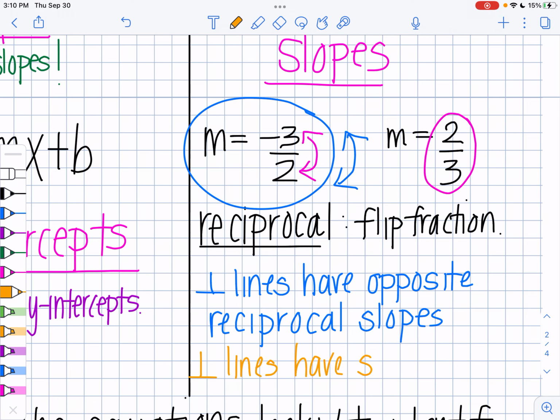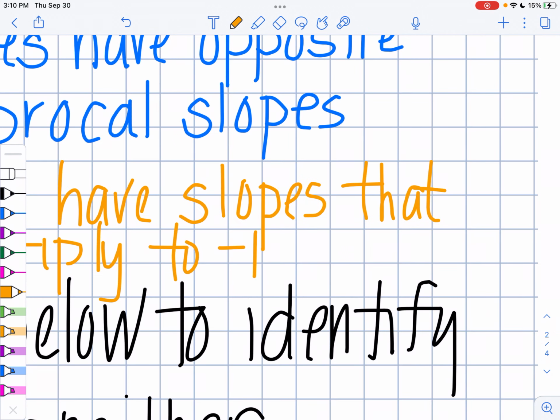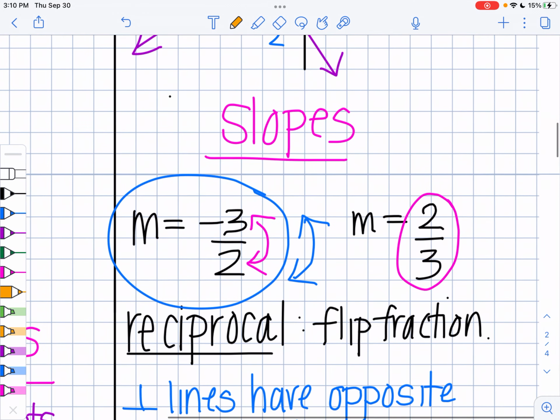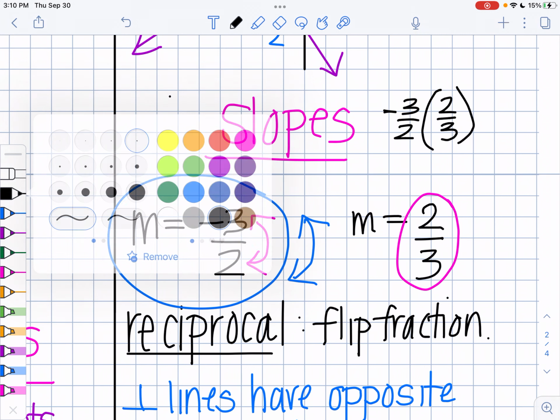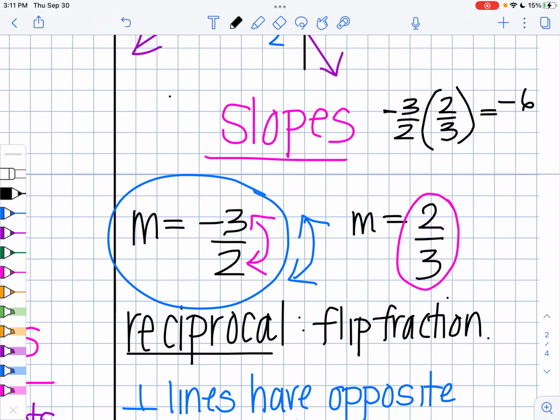The other way that you can remember this is that perpendicular lines have slopes that multiply to negative 1. So if I multiply negative 3 over 2 by 2 over 3, I get negative 6 over 6, or negative 1.